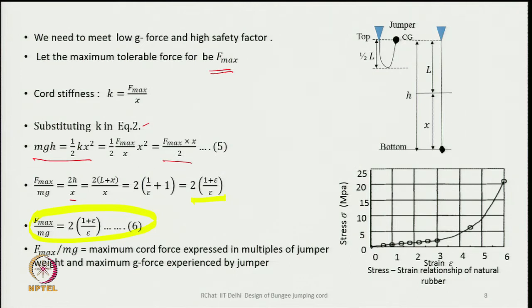If the G force is very high, there could be a lot of difficulties for the person. In extreme situations, the person can even get injured. Now, what we need is that this ratio F max by mg should be within the tolerable limit, and F max by mg is a function of strain.